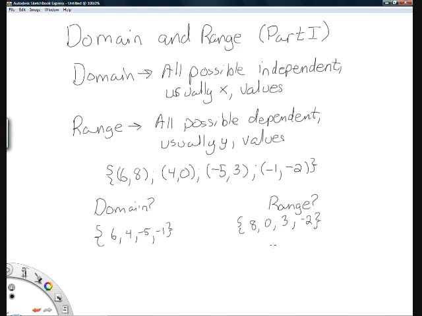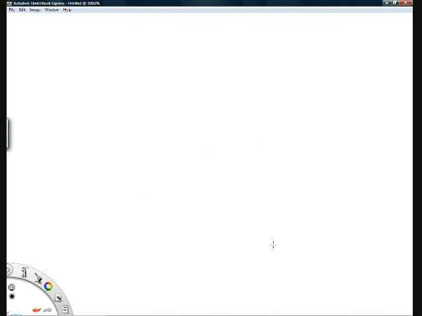However, there's a little more difficult problems when you come to equations. So suppose that we had y is equal to the square root of 3x plus 5. If you have the square root of a negative, you have imaginary, not real.